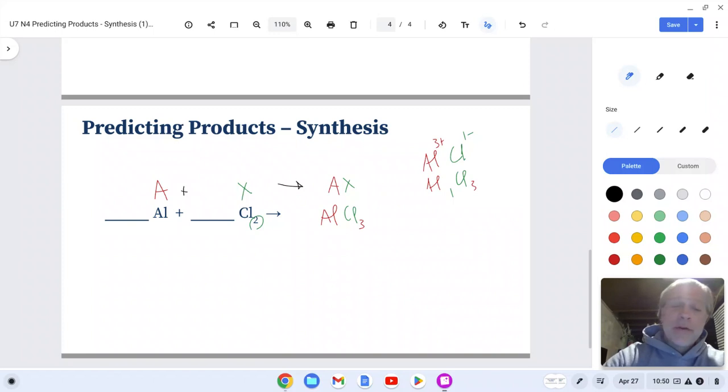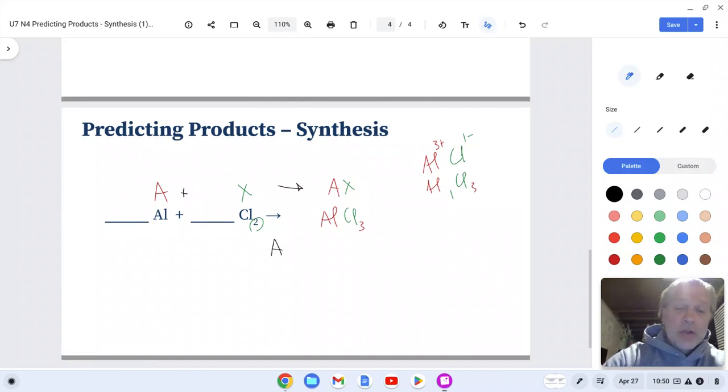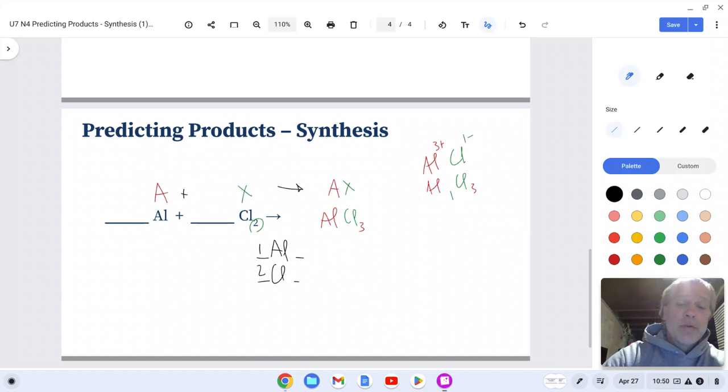So the last thing we have to do here is balance this reaction. I have aluminum and chlorine on the right side, and I have aluminum and chlorine on the left side as well. So 1 aluminum, 2 chlorines on the left side, 1 aluminum, 3 chlorines on the right side. Looking at this reaction, aluminum is balanced and chlorine is not. The odd-even hint is going to come into play here.